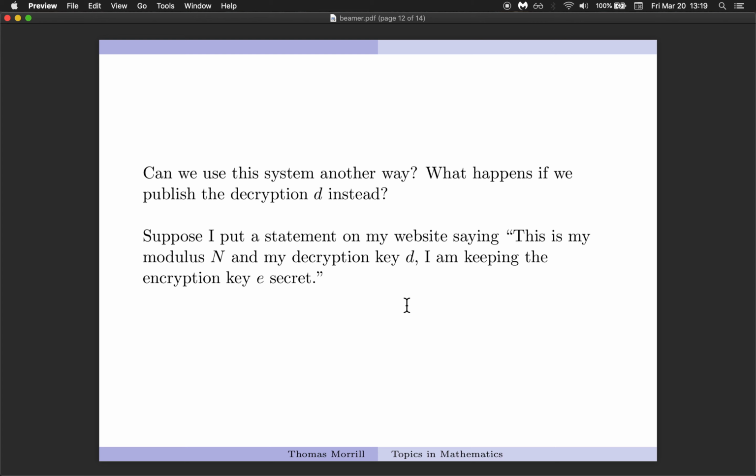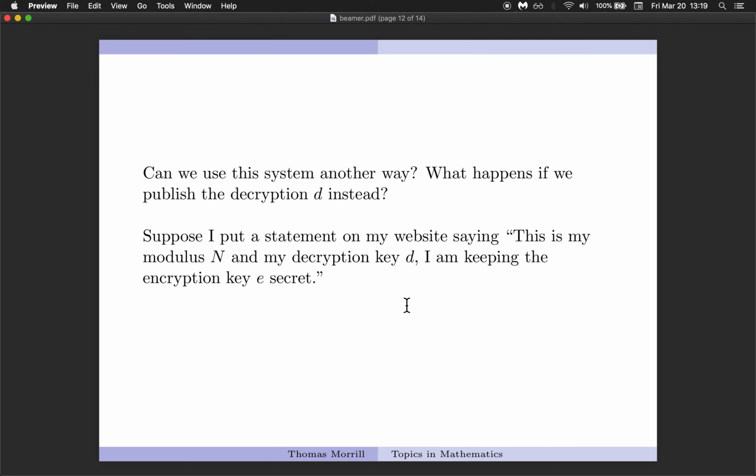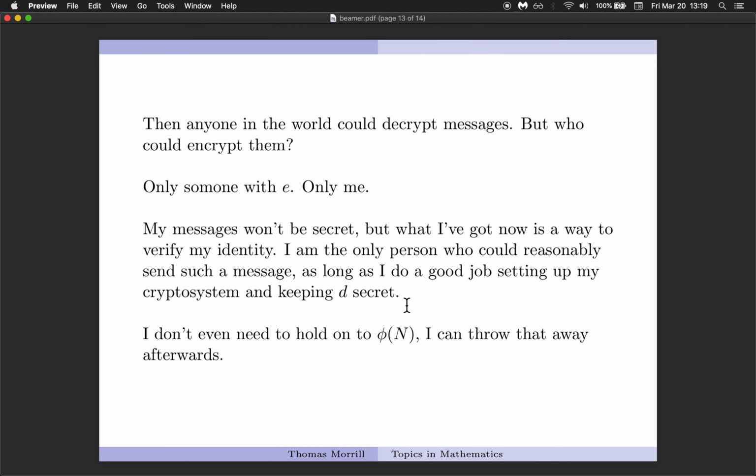So this is reversed of the system we were just looking at. So what this means is now every person who reads my website has my decryption key. Any person in the world can decrypt messages in this RSA system.